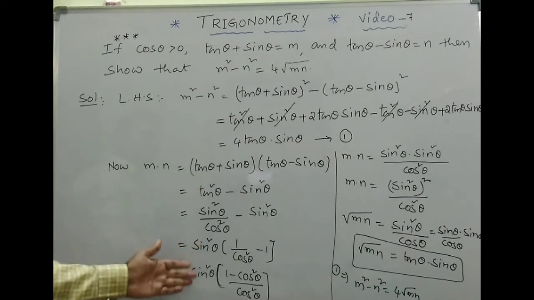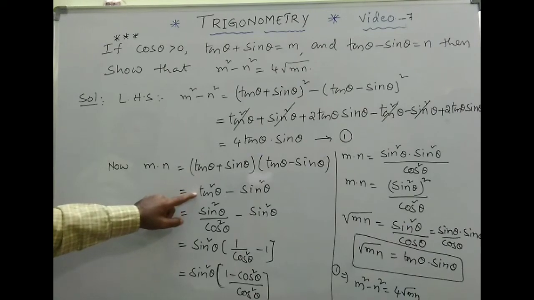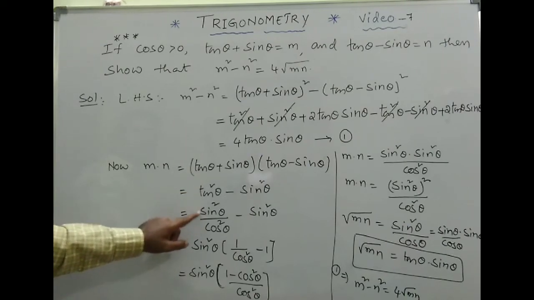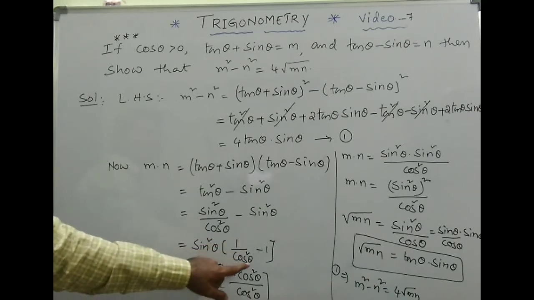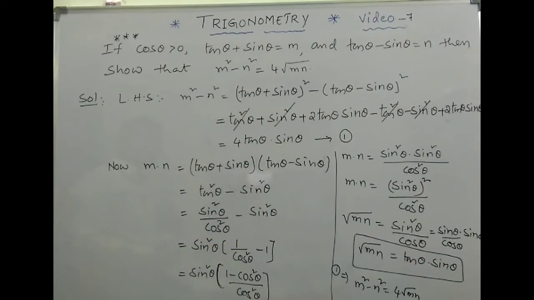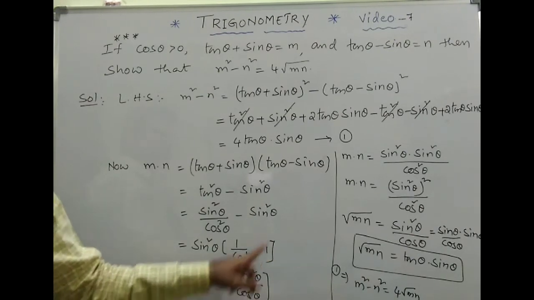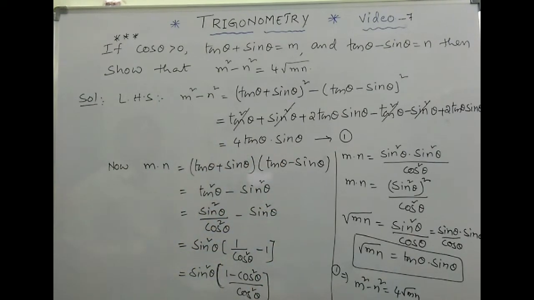Especially during the simplification, tan square theta we can write as sin square by cos square. And if you take sin square common, then we get 1 by cos square theta minus 1. Moreover, on cross multiplication, 1 minus cos square is nothing but sin square, and so on, the rest of the steps. So beautiful, important question.